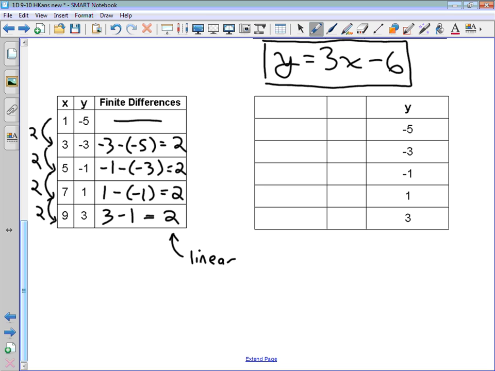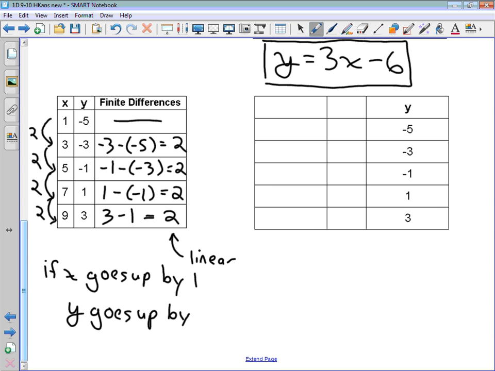So if in our table x is changing by 2, we want to know, if x goes up by 1, how much would y go up by? Well, if y goes up by 2 when x goes up by 2, then if x only goes up by 1, y is only going to go up by 1 as well.